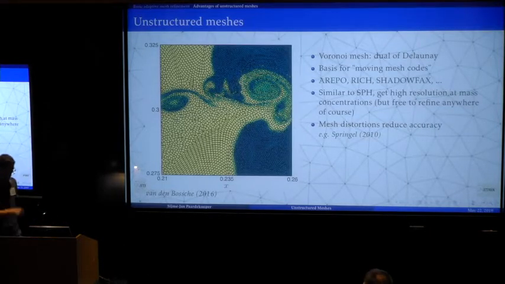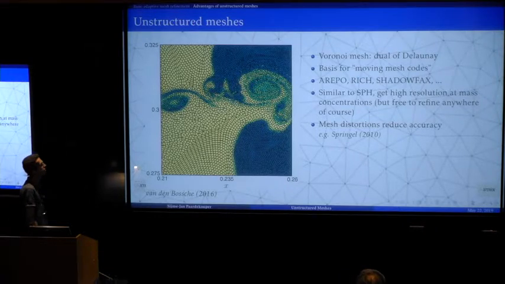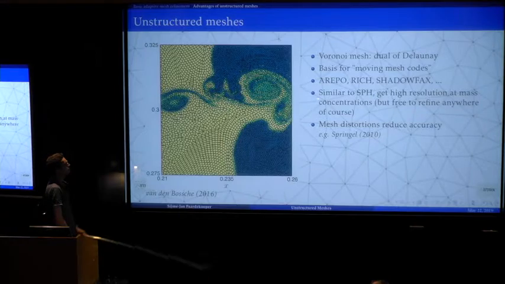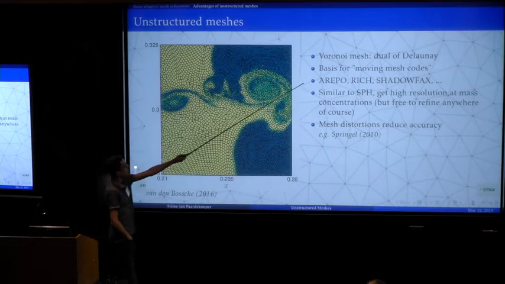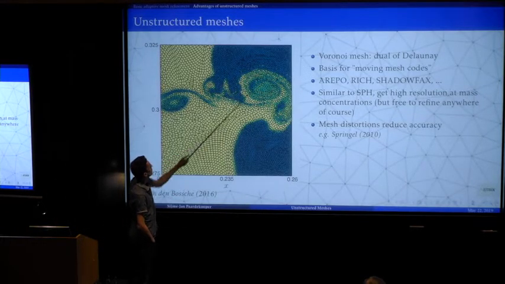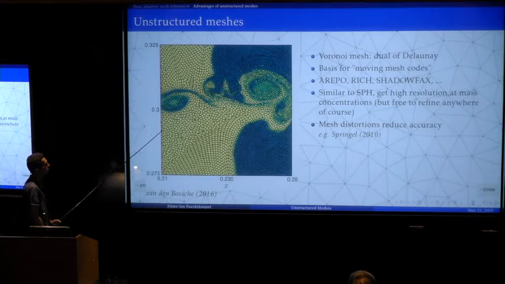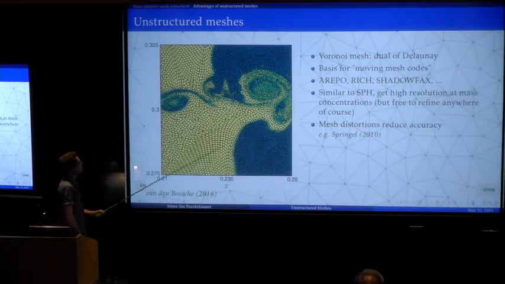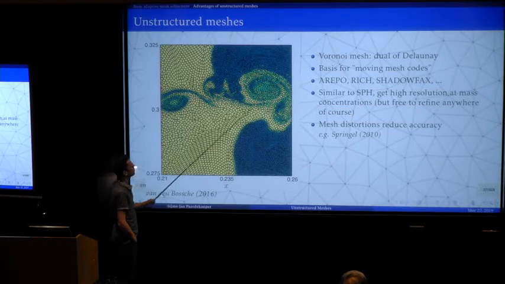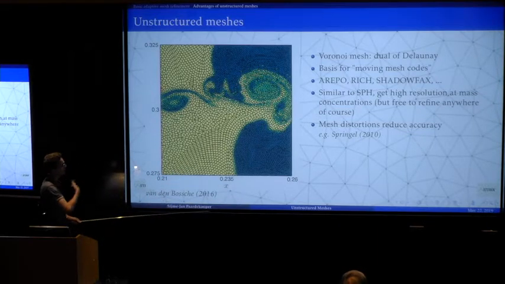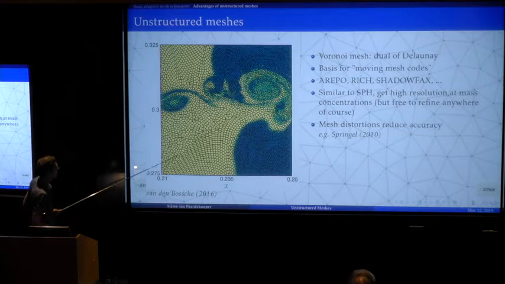Now, of course, the use of unstructured meshes has become very popular over the years, in particular due to the moving mesh crowd, which use Voronoi meshes, which is the dual of Delaunay. So it's essentially the same. Arguably it started with the Arepo code. There's now many more, like Shadowfax, which is a code I learned about.